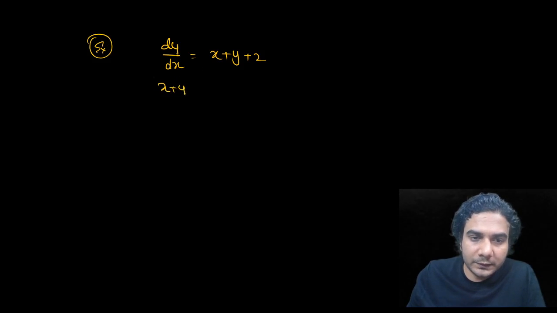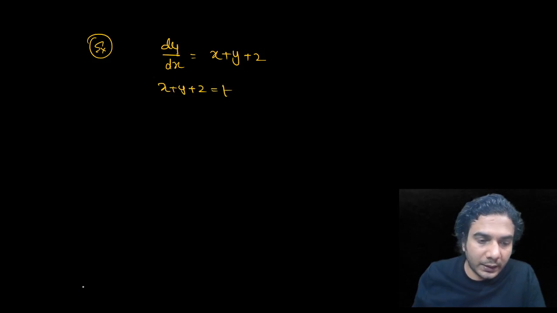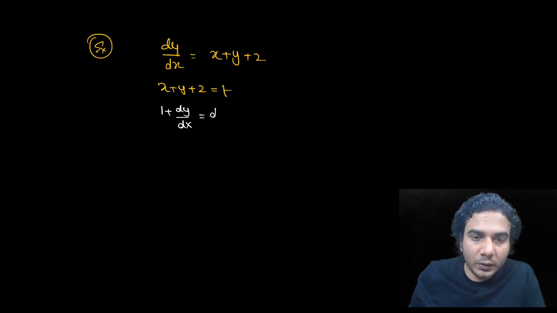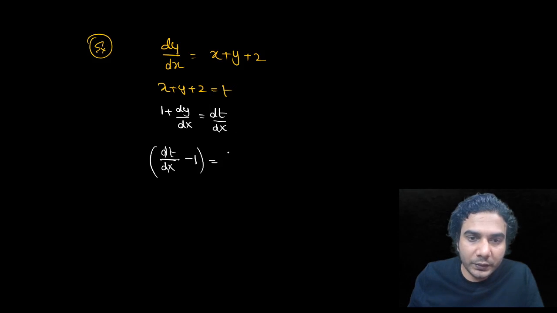You need to put x plus y plus 2 is equal to t, and after doing so you will get 1 plus dy by dx is equal to dt by dx, and you can replace dy by dx with dt by dx minus 1 is equal to, putting x plus y plus 2 is equal to t, so it is going to be t now. As simple as that. So dt upon dx is equal to t plus 1 now.